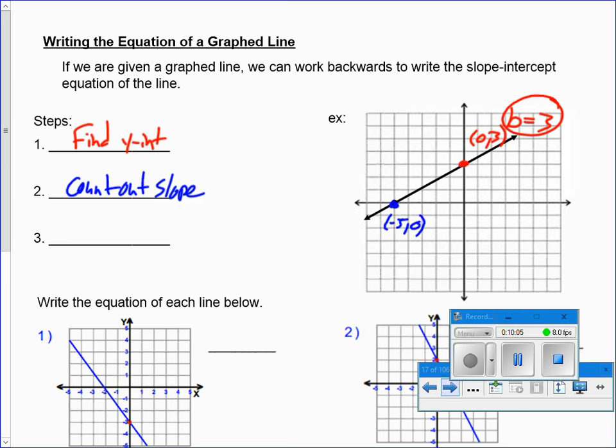What we're going to do is count in our y direction first. It's going to be down 3: 1, 2, 3. That's -3. Then we're going to go left 1, 2, 3, 4, 5. So our slope is going to be -3 over -5. Remember that negative over negative is positive. So our slope is really just 3 over 5.